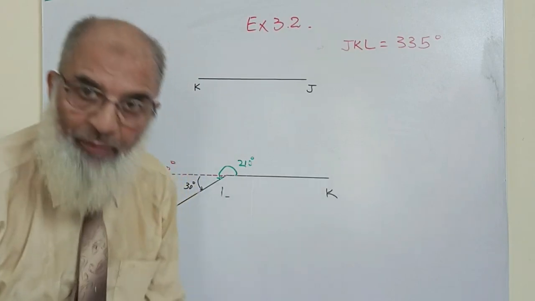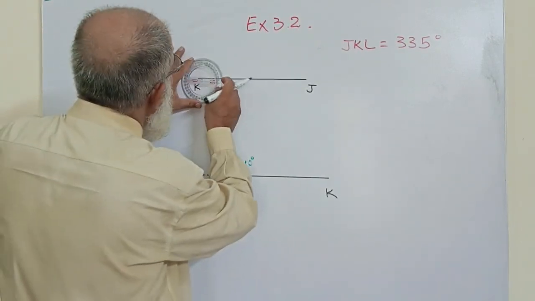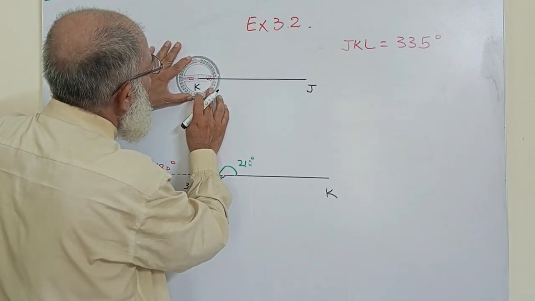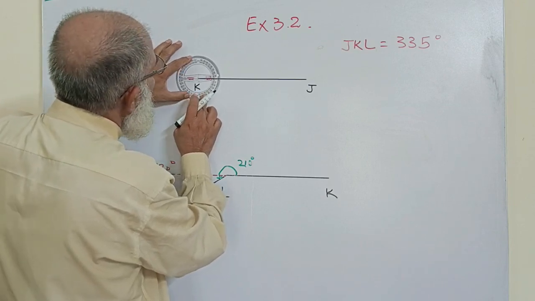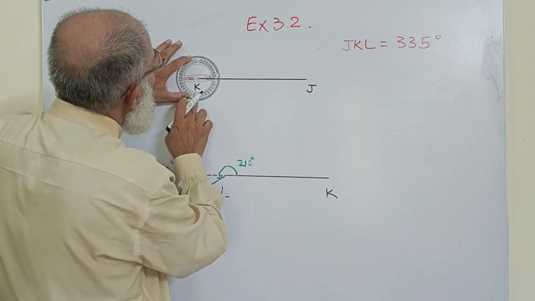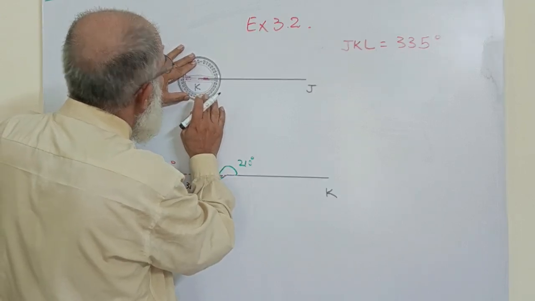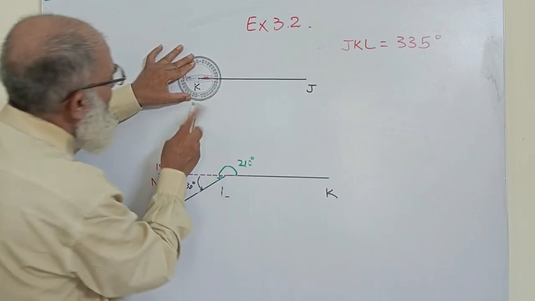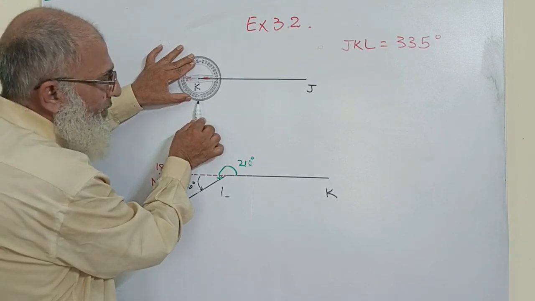Now with the help of the round protractor, it is very easy to draw 335 degrees. Yes students, now this is the right angle mark, which is 270 degrees.